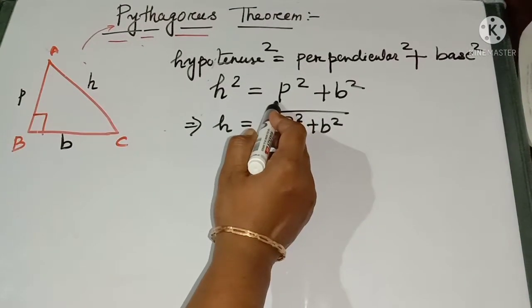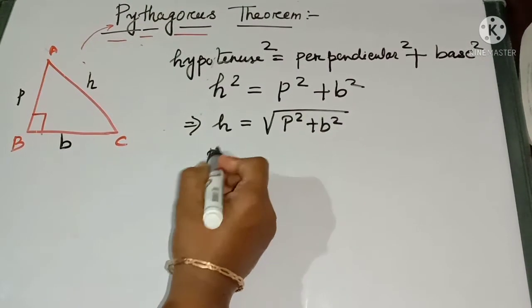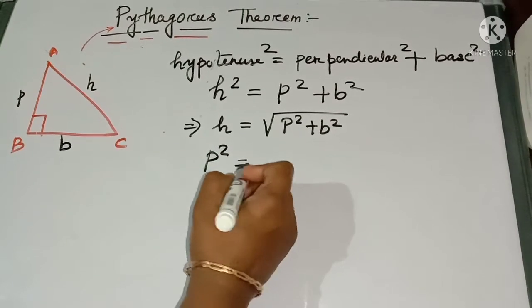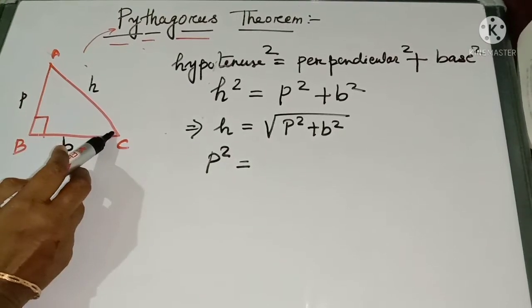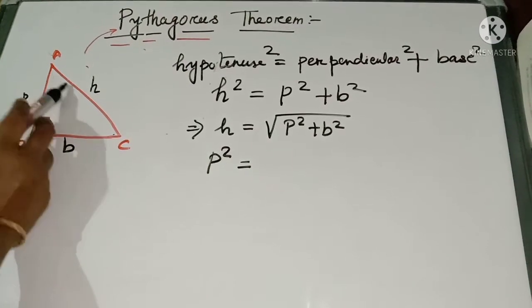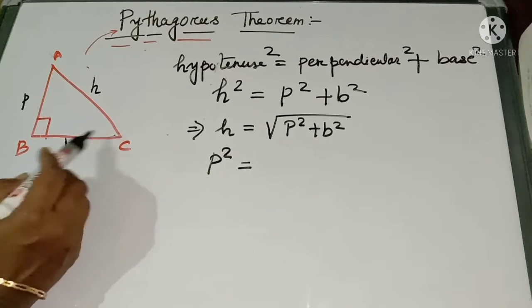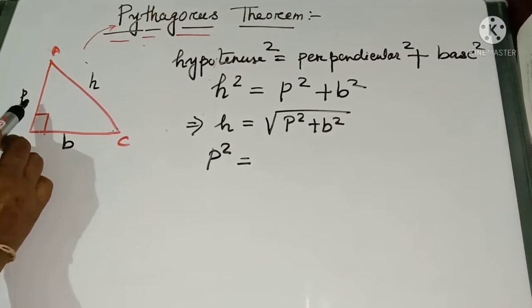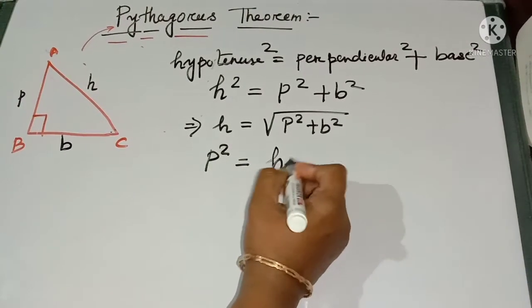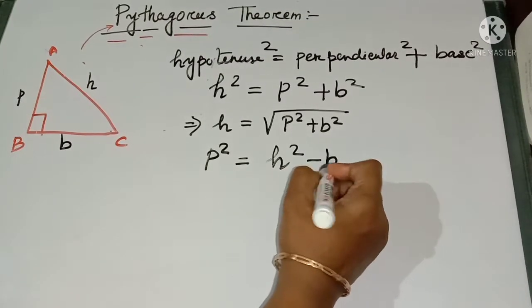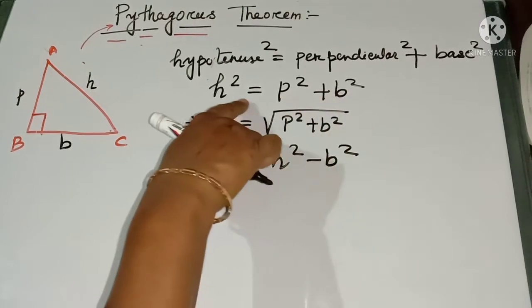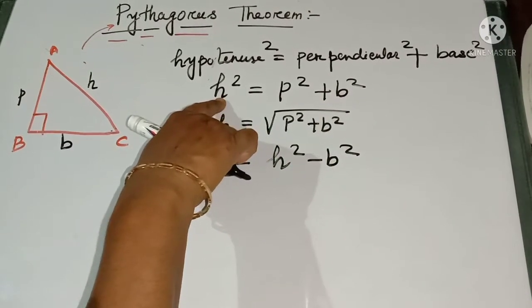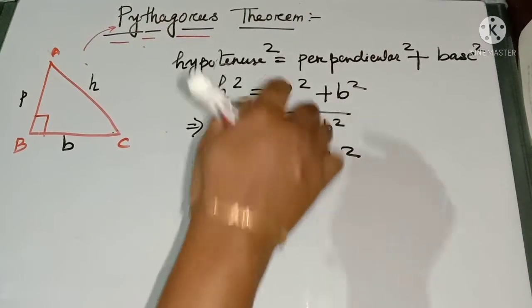Now if you want to calculate perpendicular square, you know that the hypotenuse is the longest side. Always remember, the hypotenuse is longer than the base and perpendicular. So hypotenuse square minus base square equal to perpendicular square.